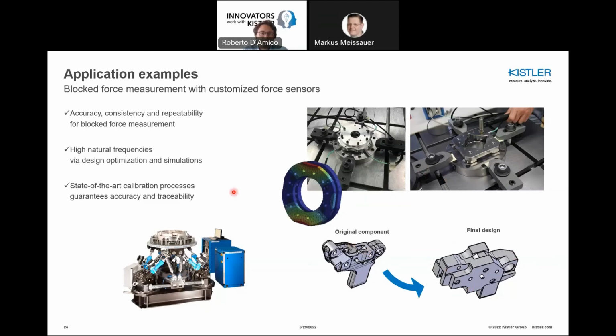One of the points where we put a lot of attention is making sure that the natural frequencies are as high as possible, and this is very important for TPA as well as the calibration process, which is definitely state of the art. Like you see here, we have our machine for 6-component axis calibration, which is really advanced and allows really high accuracy and traceability.